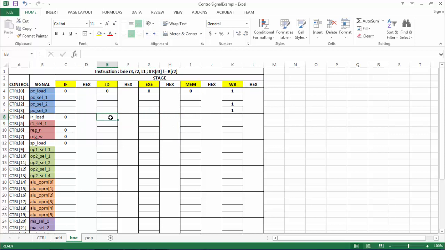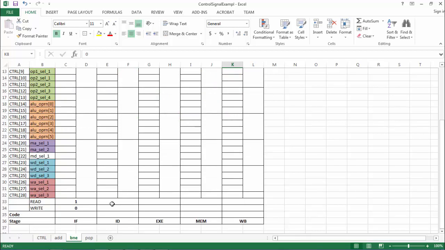Again, instruction load will be 1 at this point, after the instruction fetch, when the instruction decode is done, and everything else is 0. So Control C, V.